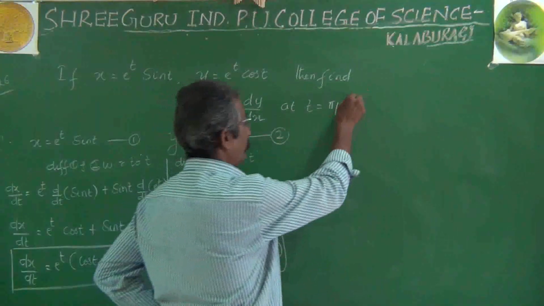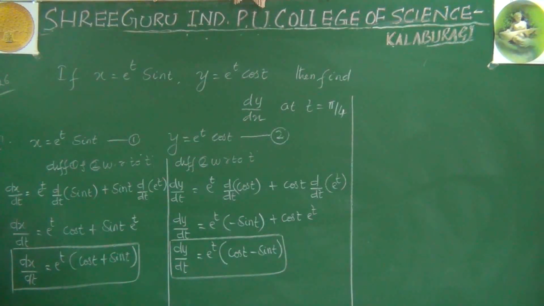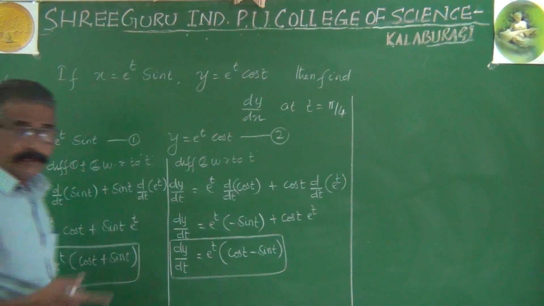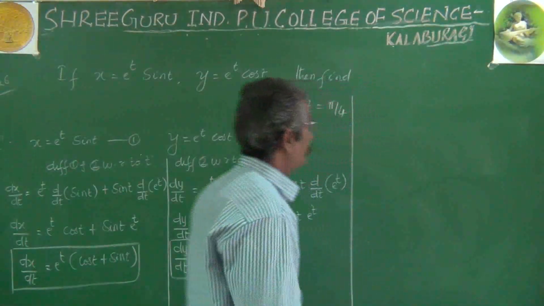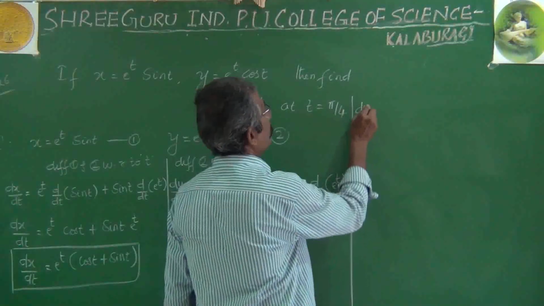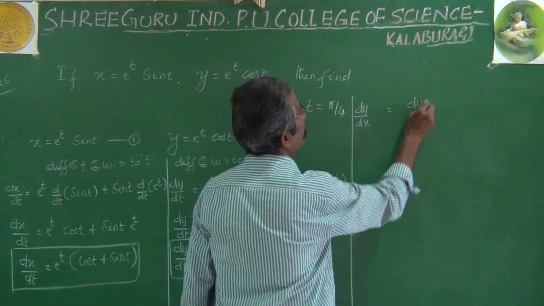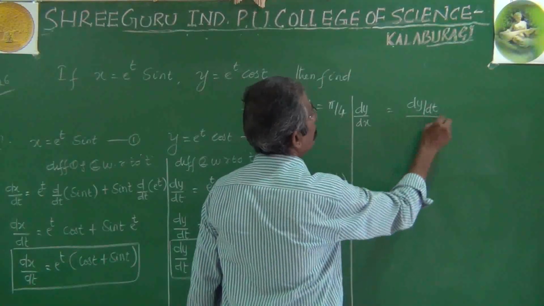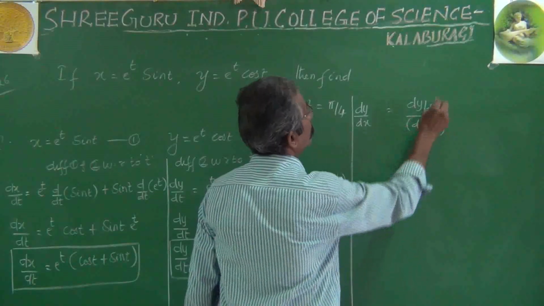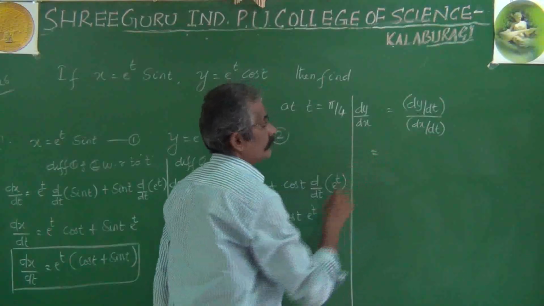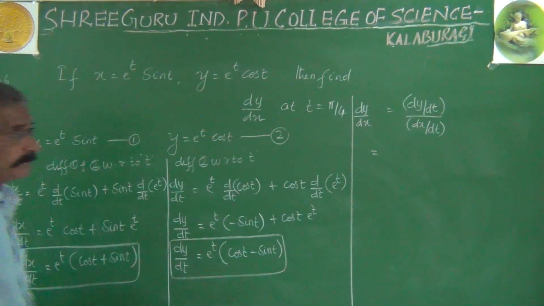Let's take the formula for dy by dx now. We know that in case of parametric functions, dy by dx equals dy by dt divided by dx by dt. Substitute values of dy by dt and dx by dt.